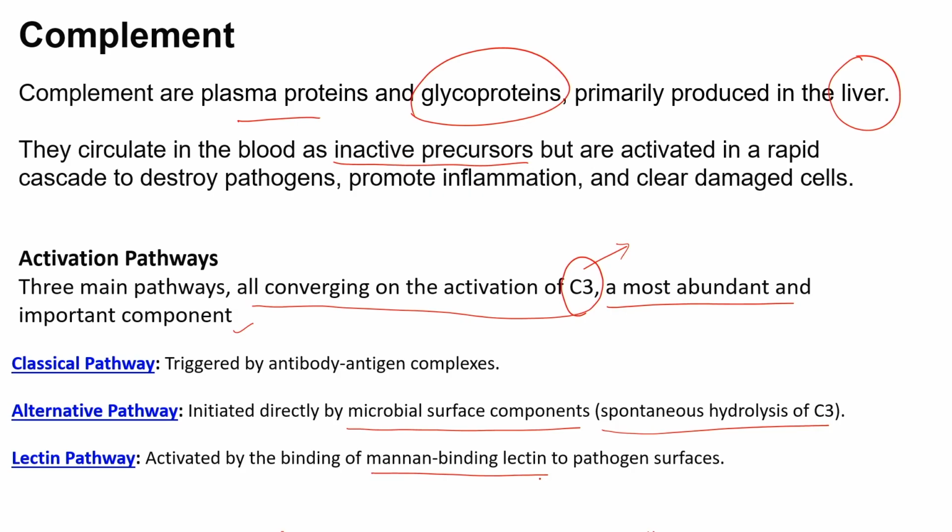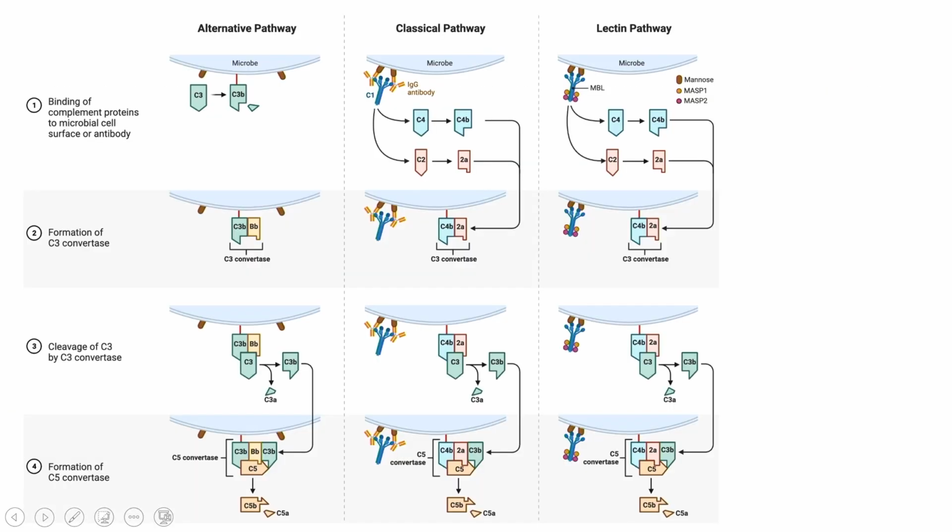So let's try to see what the activation pathways are and how they clear the infection. The first step in the alternate pathway is binding of the complement protein to the microbial surface or the antibody. So here we have a microbial surface, and the C3 protein binds to this surface and gets cleaved.